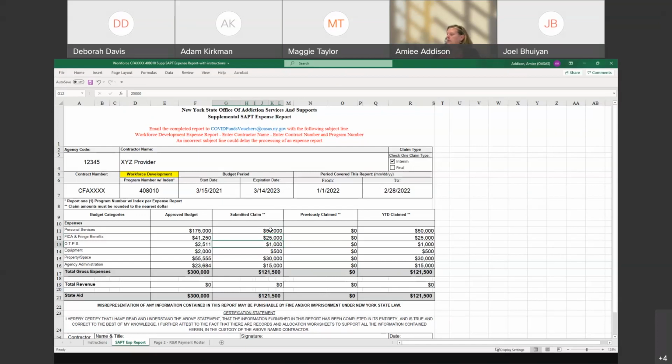OTPS, otherwise known as the other than personal services. You must submit invoices and supporting documentation to account for the total submitted claim amount under OTPS. Liabilities must have been incurred during the budget period and payment must have been made within the period covered on the submitted expense report.